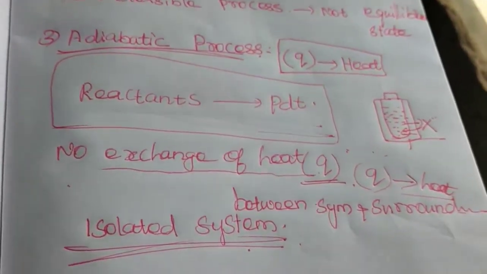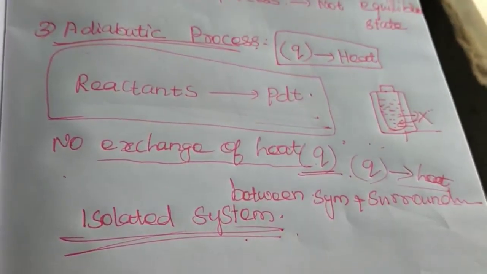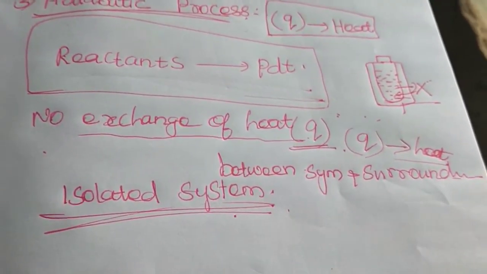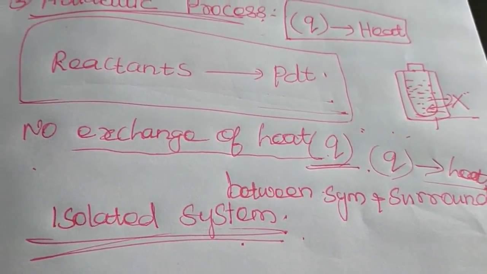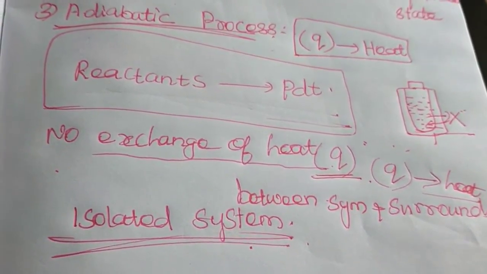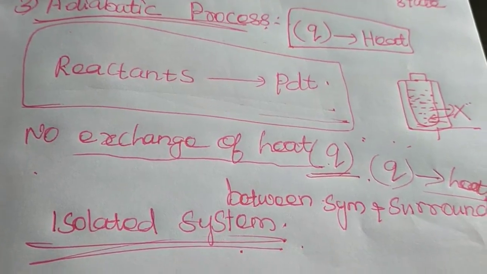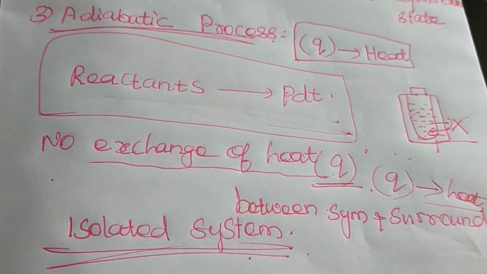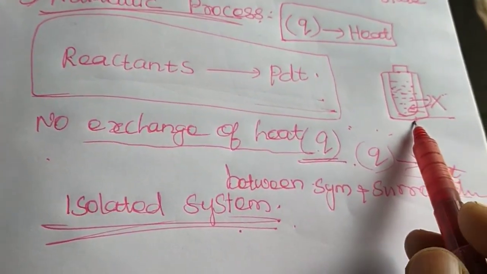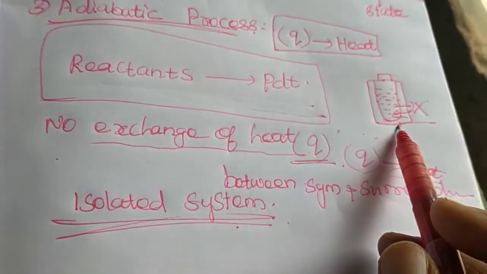So in the adiabatic process, throughout the process, Q is equal to 0. There is no flow of heat from outside to inside or inside to outside. That process is known as an adiabatic process. For example, an isolated system means a thermoflask.